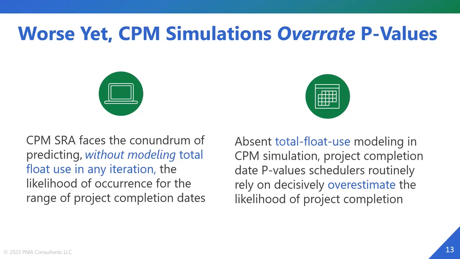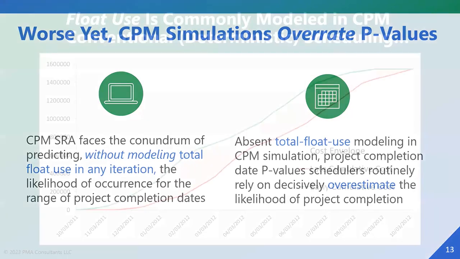If you did 5,000 iterations, if you have 500 activities, every one of them, in every instance, was on the early date, and float was never used. If you do a simulation of a fundamentally stochastic model, your network, without ever floating activities, you're massively overestimating your likelihood of completion.